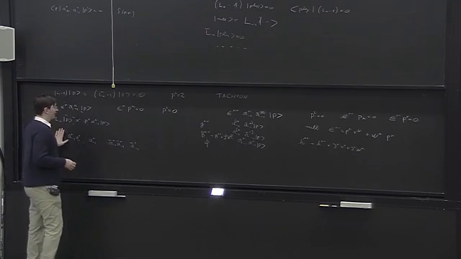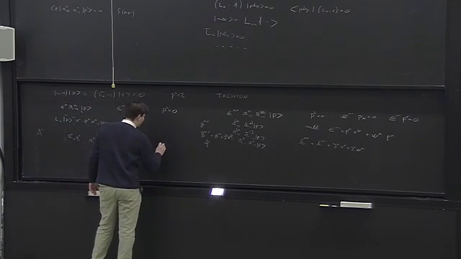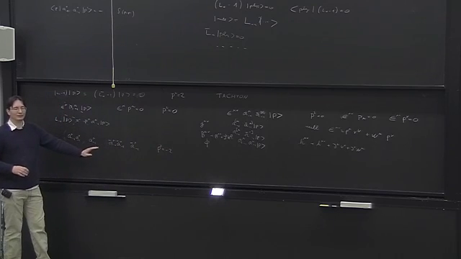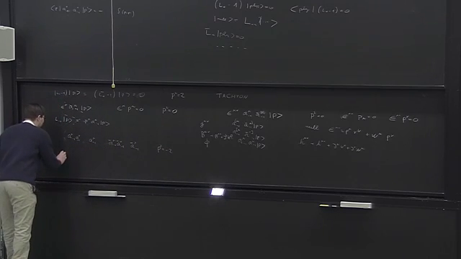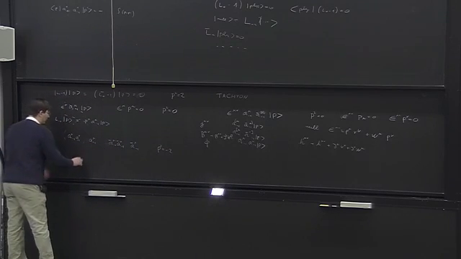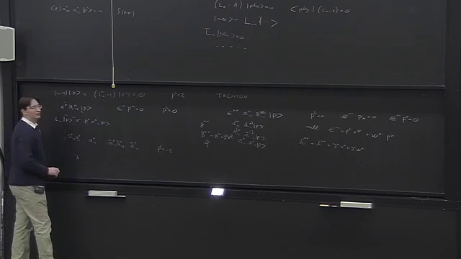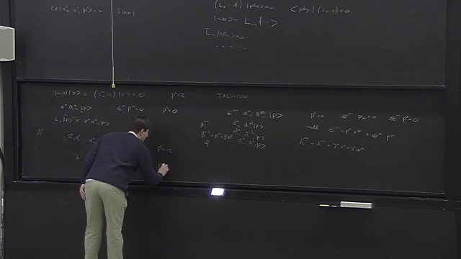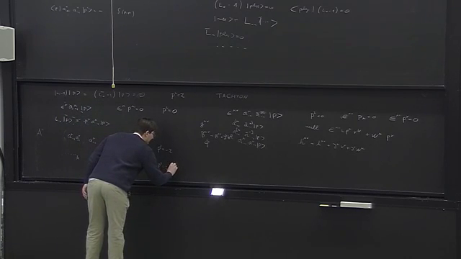Now, for these states, P squared is going to be minus 2. So these are going to be massive states. And in general, if you put a bunch of oscillators with a total level of n, this gives you a mass which is n minus 1.